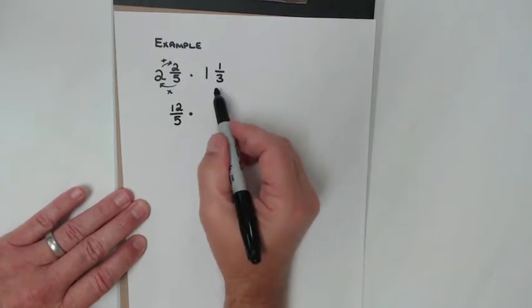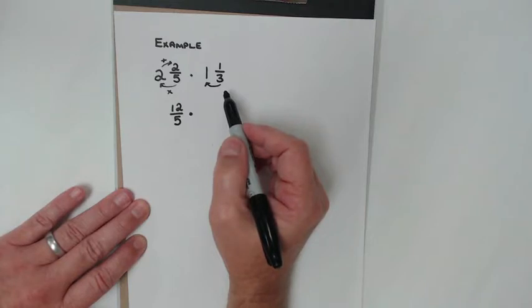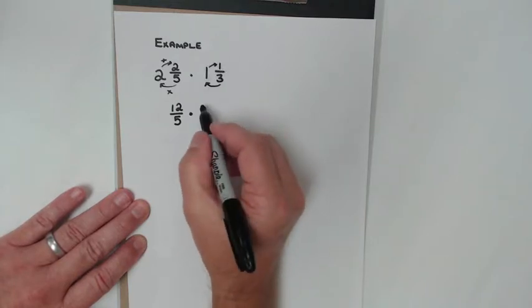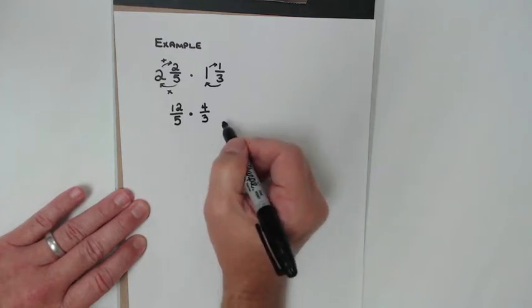Times, let's change this one around: 3 times 1 is 3, plus 1 is 4, and I keep that denominator.